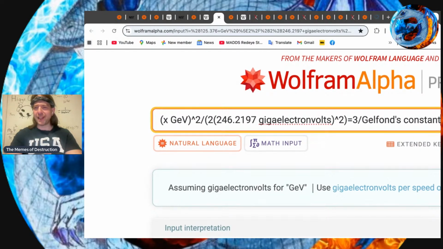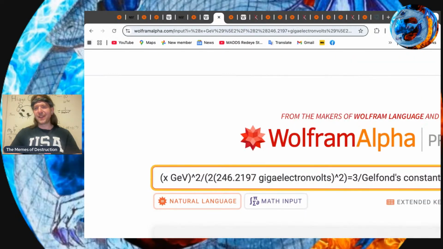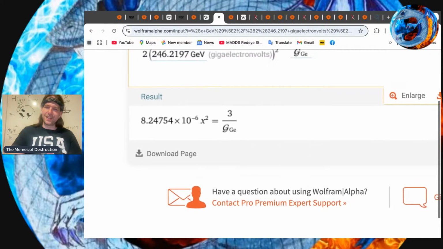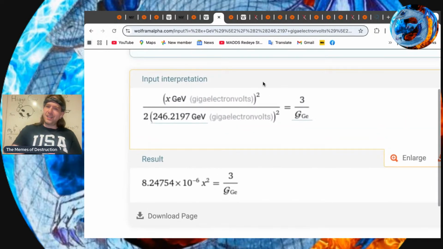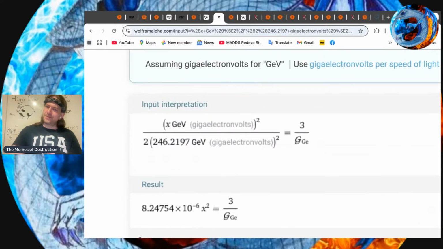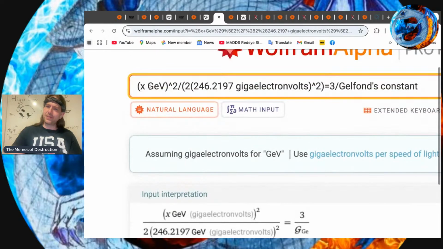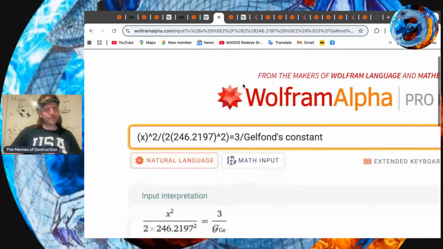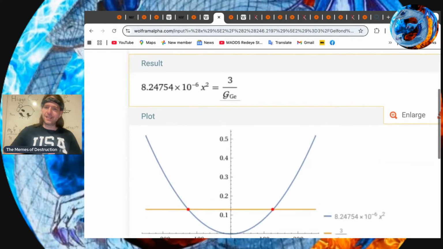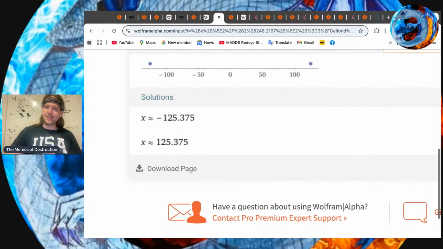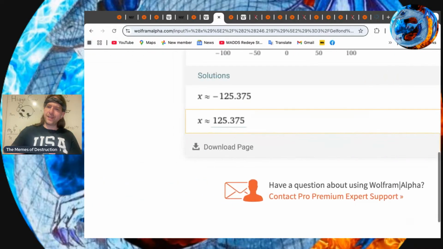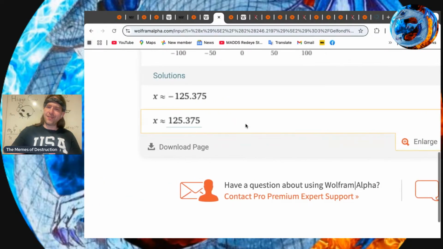You have to be careful of putting e in there because very often we'll just choose elementary charge. So that's all GeV squared. I should just be able to rip out GeV, so just rip out the units. That is our parabola. All right, so this gives us a Higgs mass again within our error bars.